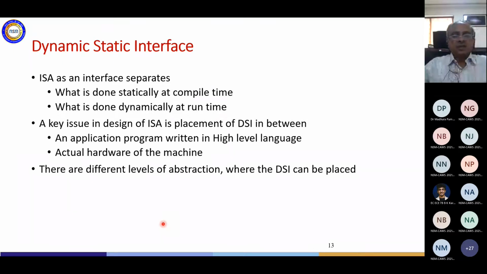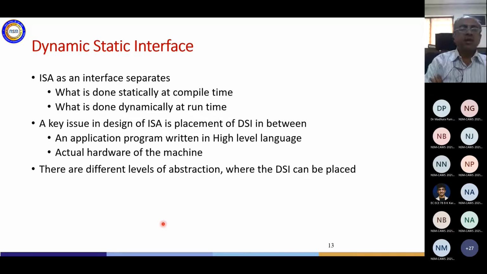You can say the compiler and assembler are a part of the same ecosystem of tools, and the output of the compiler is a machine code, and that is what is given to the processor. And what happens before the machine language program is generated is done by the compiler. So we will call it static.